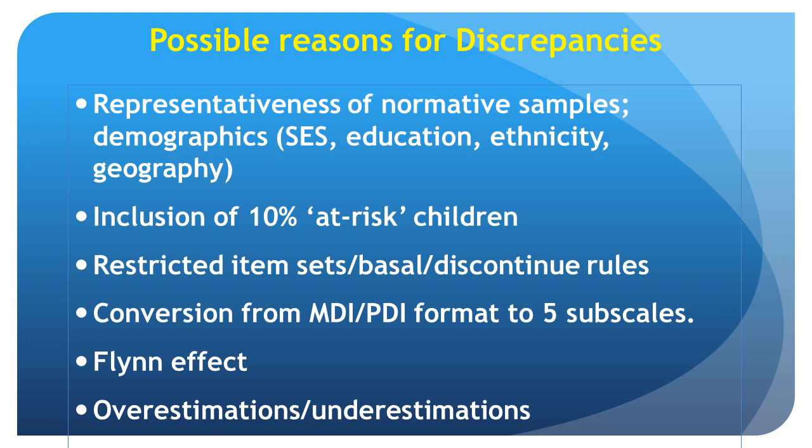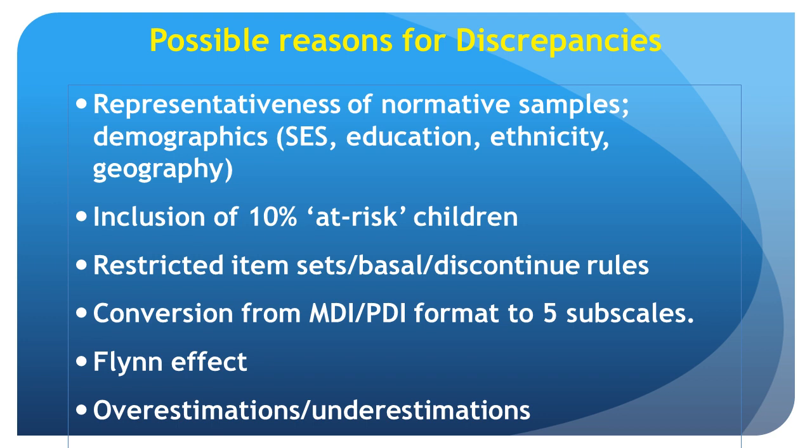When you went to the Bayley-3, however, it had age-based item sets. And basically, the cognitive had 5 or more passes in the item set and 3 or more fails, and that was it for the ceiling. So it was truncated. The motor was 4 and 2. Then we come back to the Bayley-4, and it was 3 passes and 5 fails for both. And similarly, the Bayley-4 is that way.